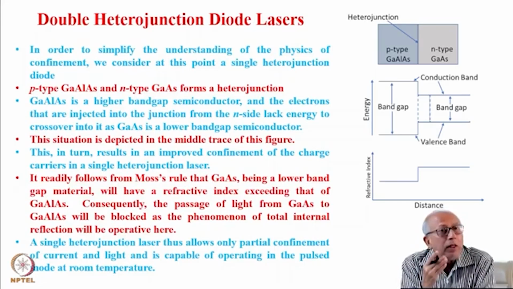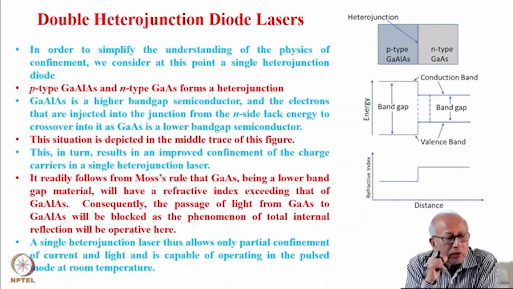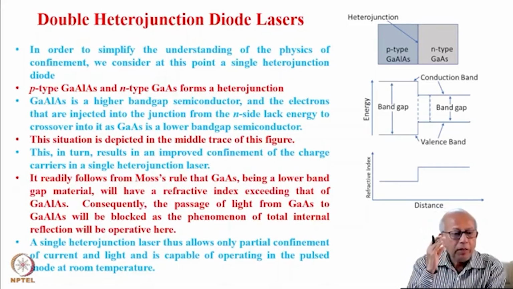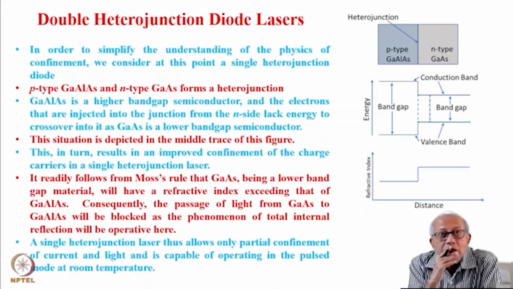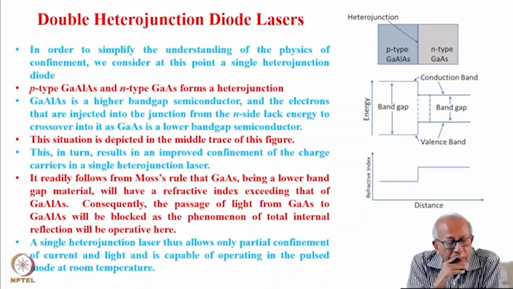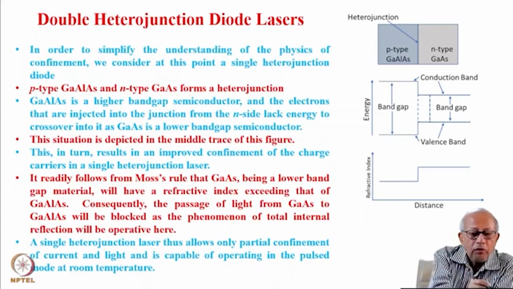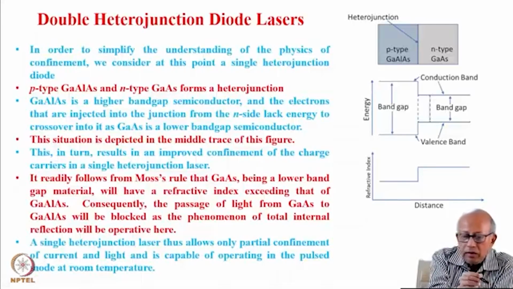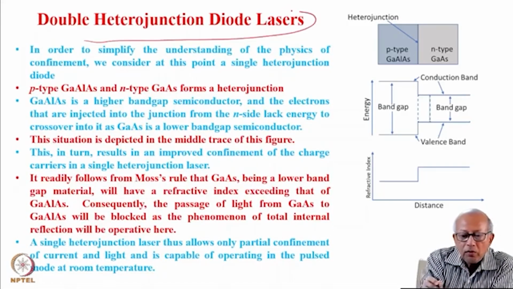And the application of such lasers is extremely difficult because wherever the laser has to go, it has to go with this baggage of liquid nitrogen cooling bath. And we also have just mentioned that this disadvantage can be overcome by making use of a double heterojunction diode.